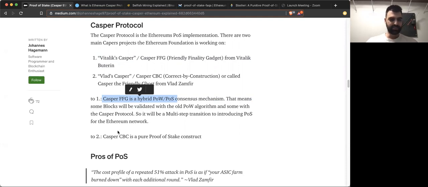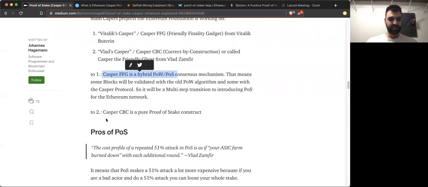I tried to look it up a bit. It's pretty confusing for me, actually. I think I need some more time to read about it. But these are the two main proposals, and I think right now they're implementing Vitalik's Casper.